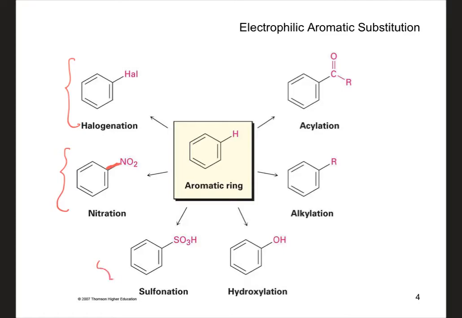We will also talk about sulfonation, where we are putting a sulfur atom directly on the benzene ring, and closely related to sulfonation is hydroxylation. In fact, to go from one to another, you could actually convert a benzene sulfonic acid into phenol. You could totally do that. So sulfonation and hydroxylation are somewhat connected to each other.